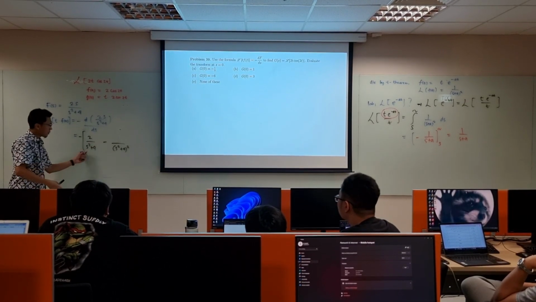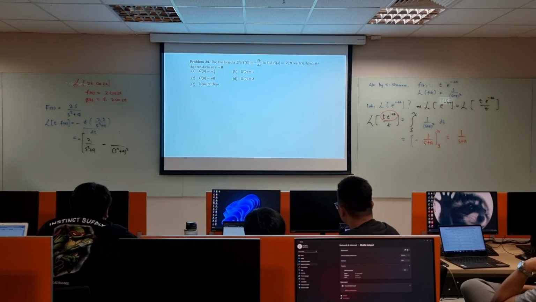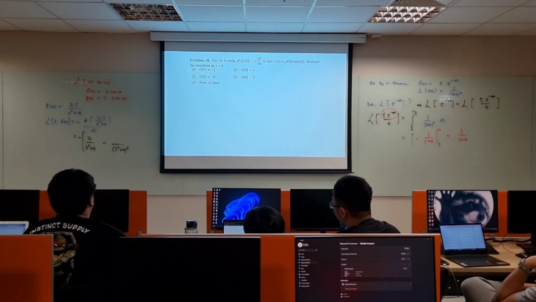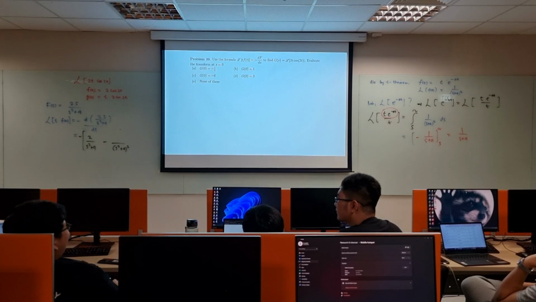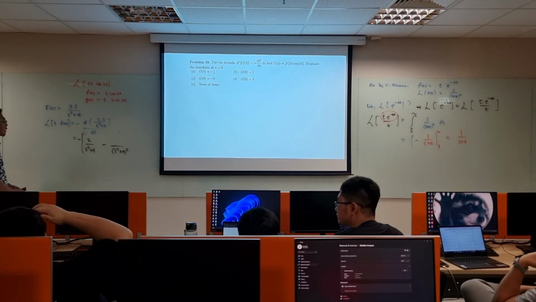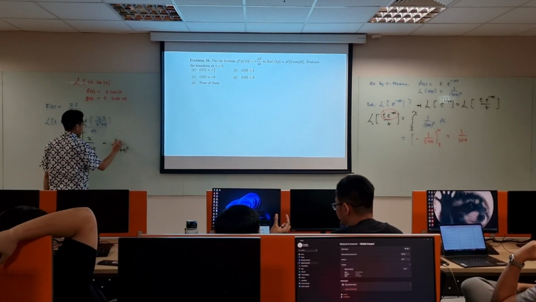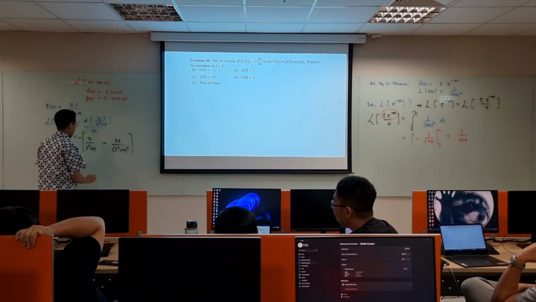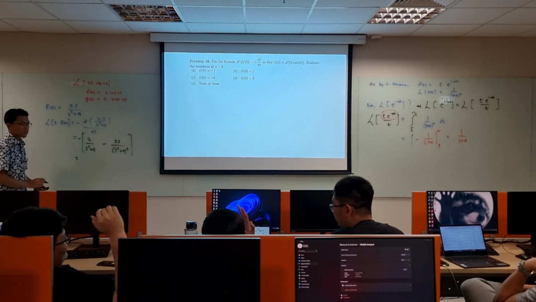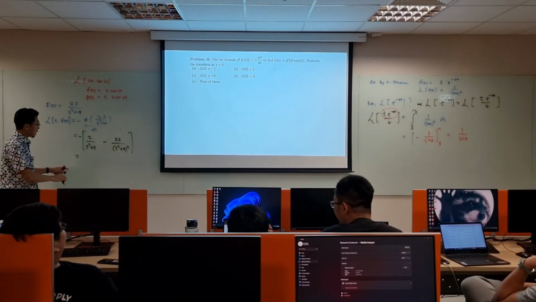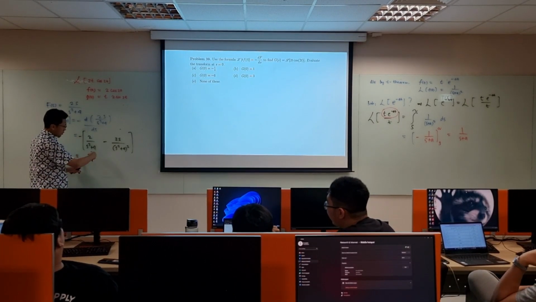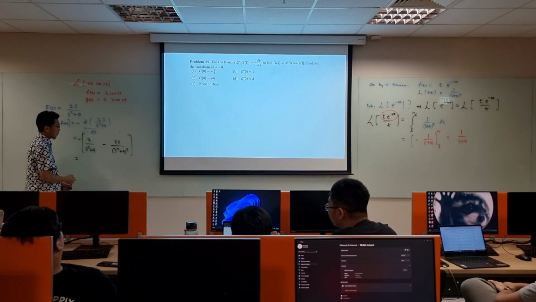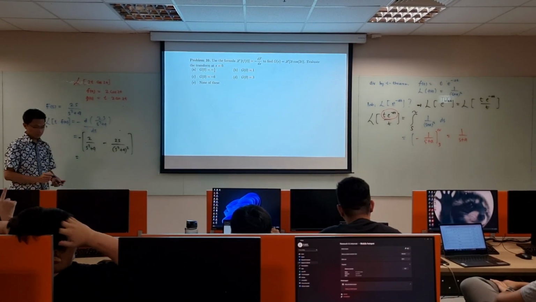When you differentiate, the power becomes 2. And then you have s over there. You just differentiate, and after that you do algebraic manipulation to find out the final form.